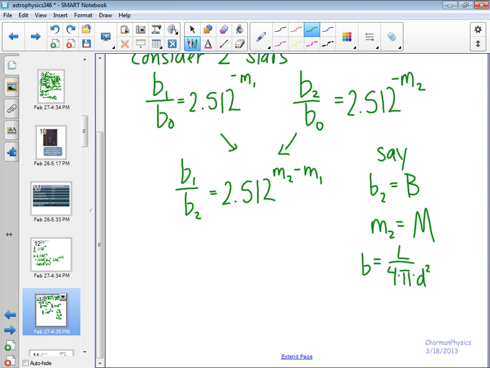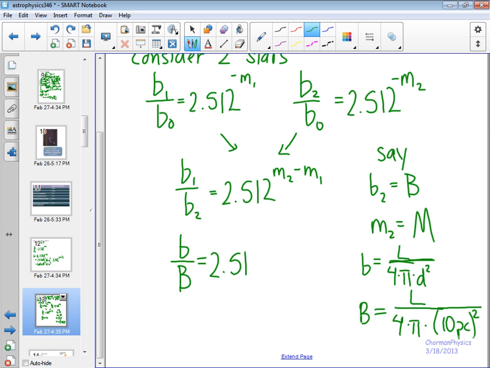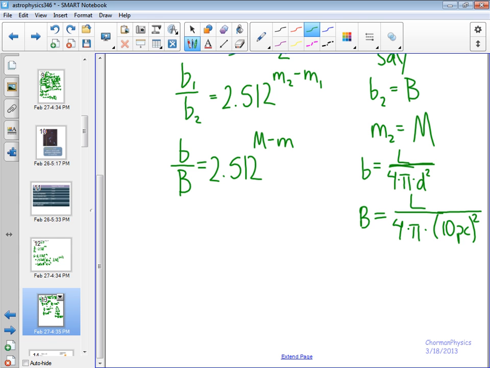So in other words, little b is equal to L over 4 pi D squared, and big B is equal to L over 4 pi at 10 parsec squared. We'll just replace those values: little b over big B is 2.512 to the big M minus little m.